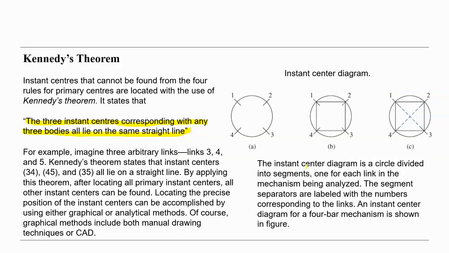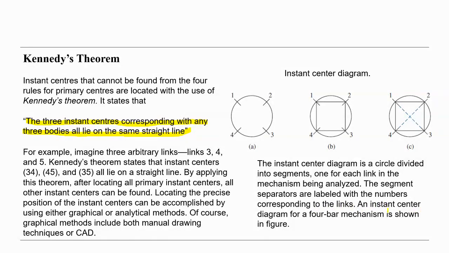This instance center diagram is a circle divided into segments, one for each link in the mechanism being analyzed. The segment separators are labeled with the numbers corresponding to the links.